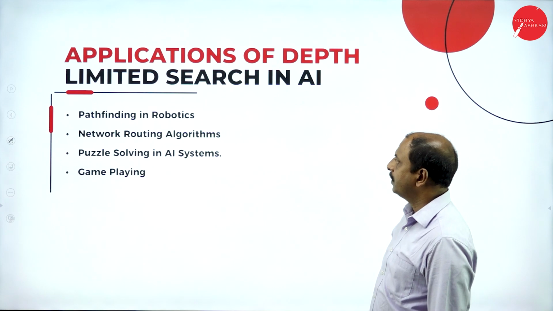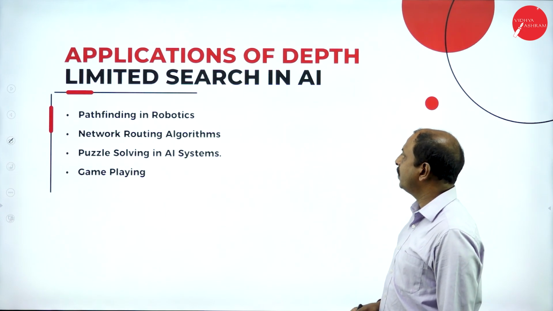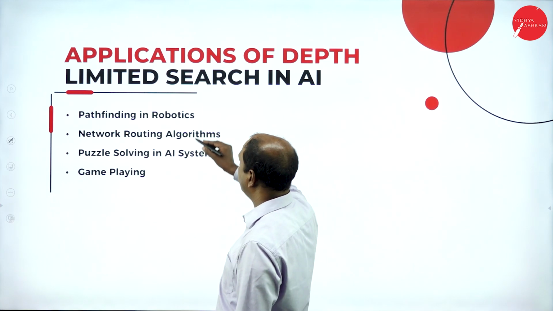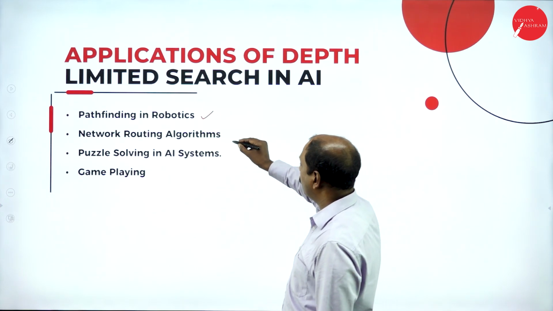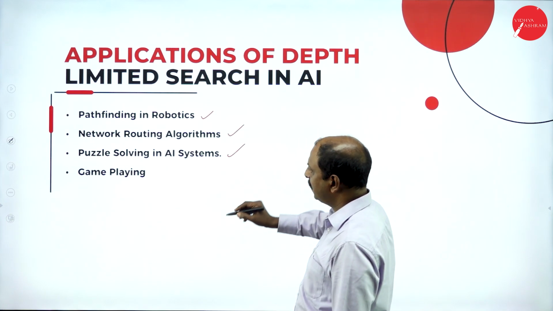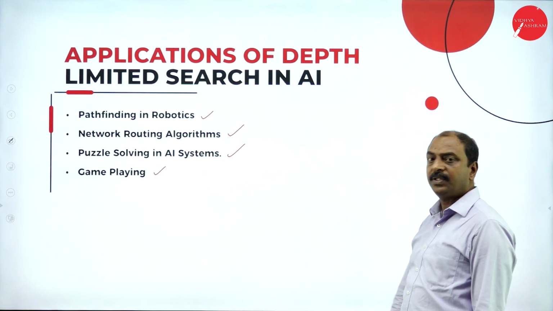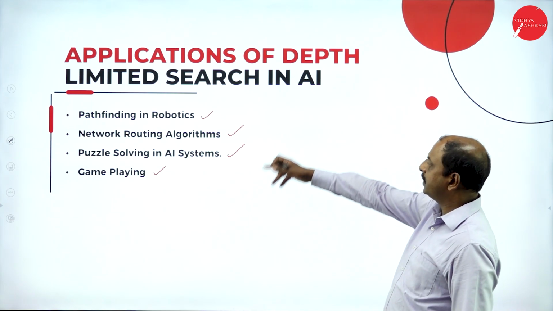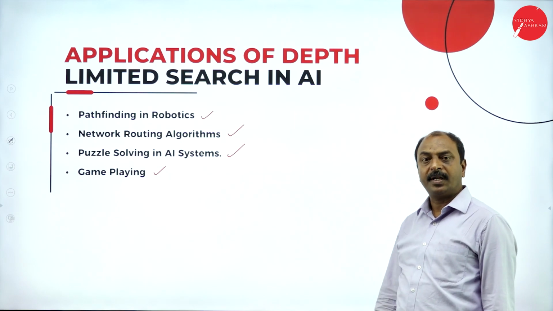In the next slide, let us see the applications: path finding in robotics, network routing algorithms, puzzle solving in AI systems, and game playing with AI technology. These are the different applications of the depth limited search algorithm.